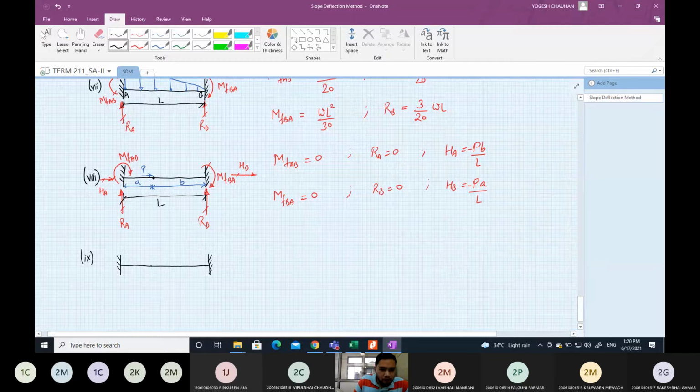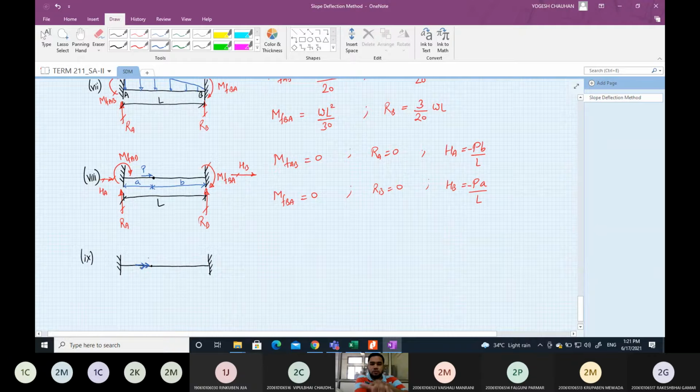And last is some torsional moment. So the torsional moment is shown by a double-headed arrow. You can use the right hand thumb rule.